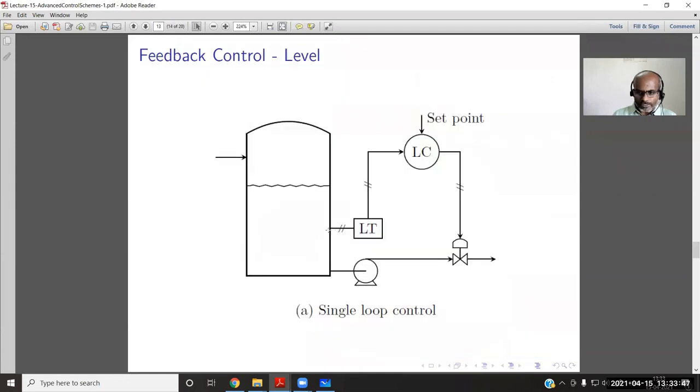For example, in a level system, we want to control the level by increasing or decreasing the valve opening. The level is measured and compared with the setting in the level controller, and the opening and closing happen accordingly.